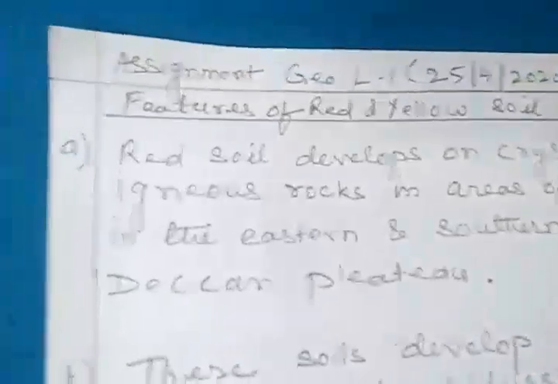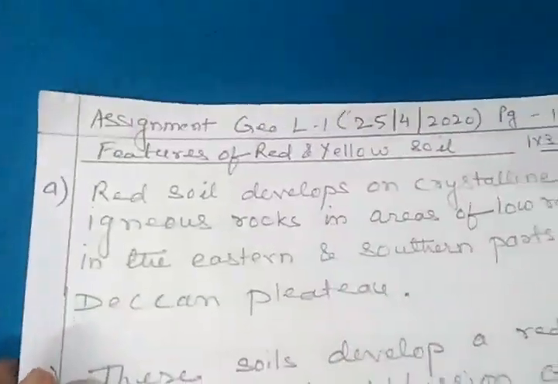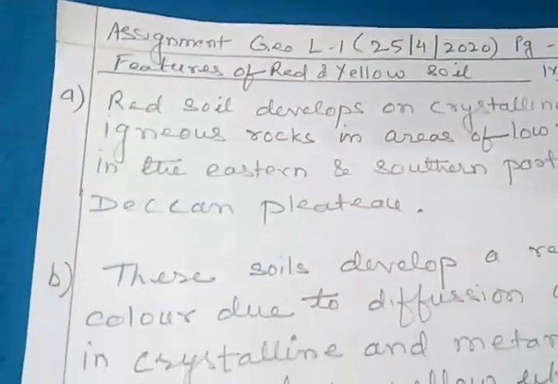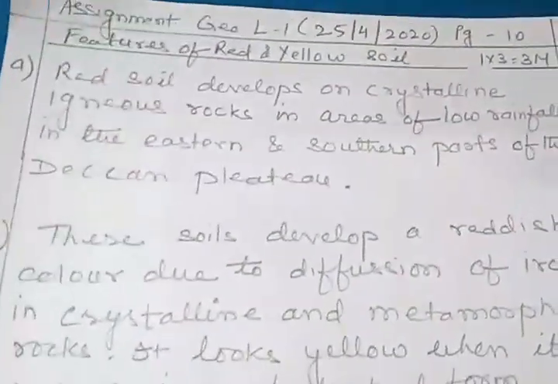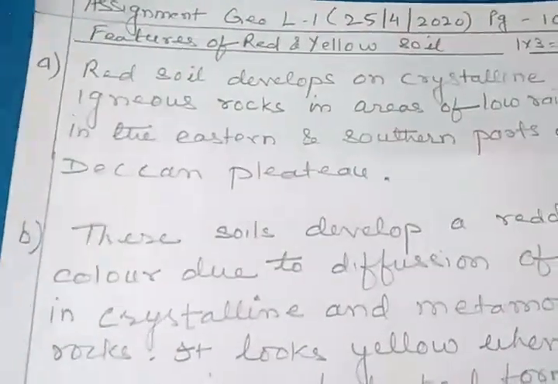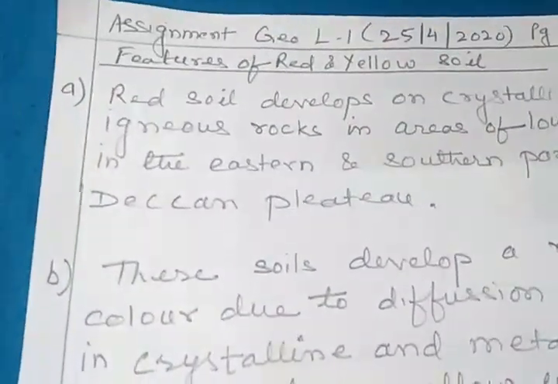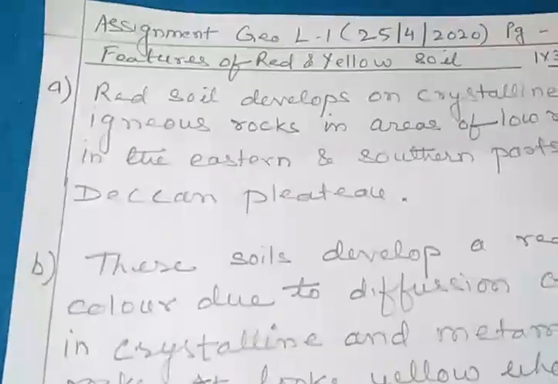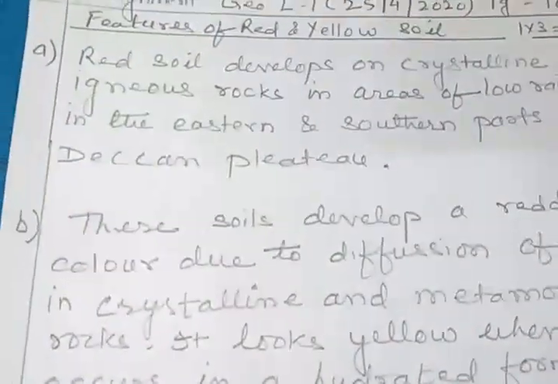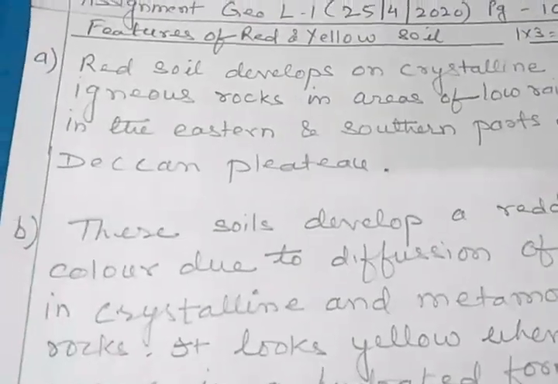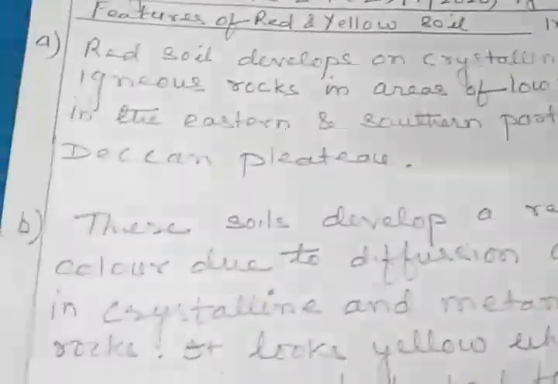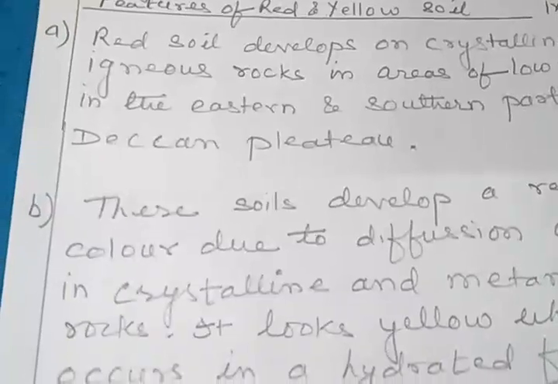Next, we are going to study the features of the red and yellow soil. This question may carry 3 marks. It can be asked in the form of short notes also. Red soil develops on crystalline igneous rocks in areas of low rainfall in the eastern and southern parts of the Deccan Plateau.